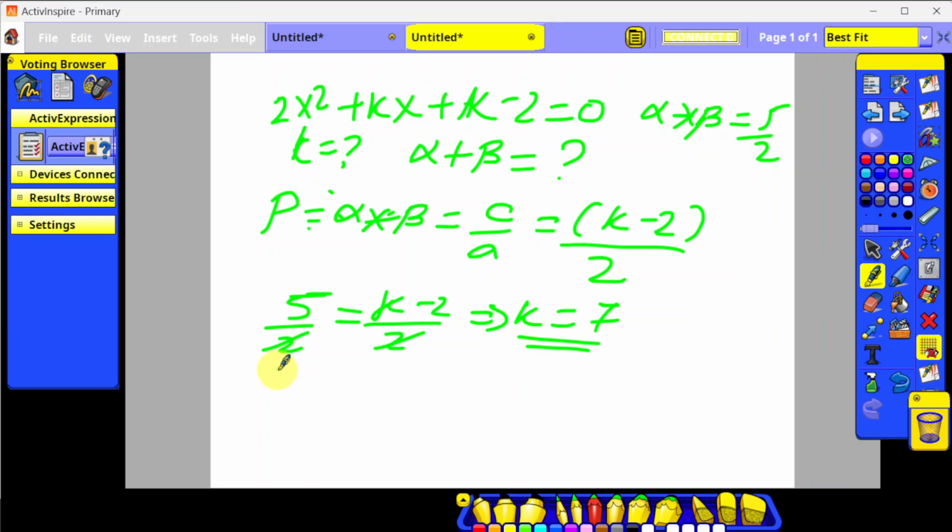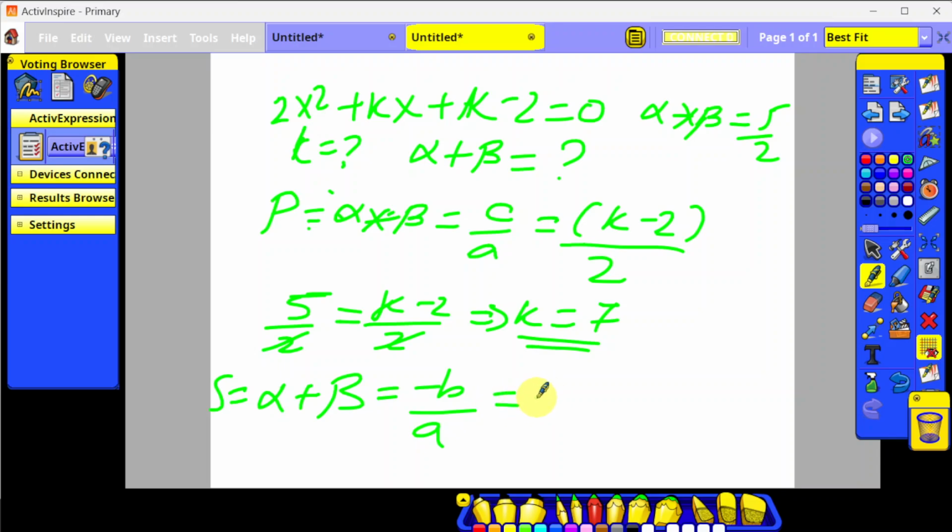Then what's required? The other question is, find the sum of the roots. That's the sum of all x's, meaning the sum of the roots of the quadratic equation, alpha plus beta or s, which is given by minus b over a.